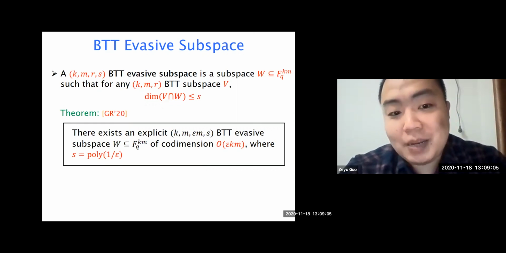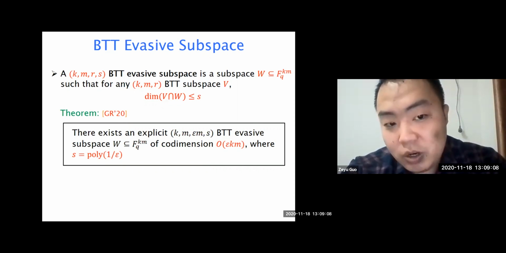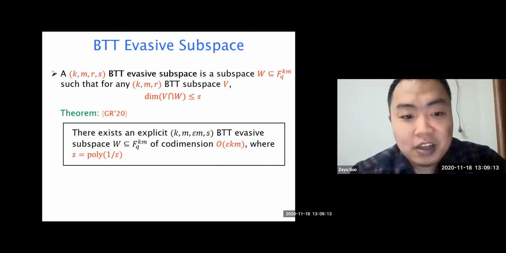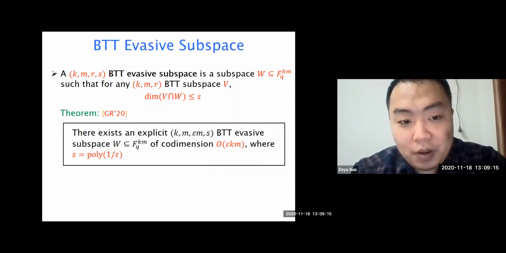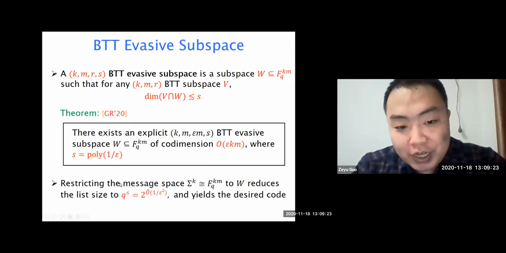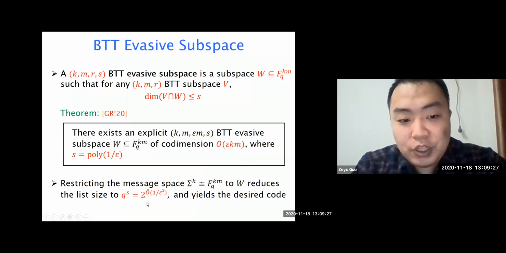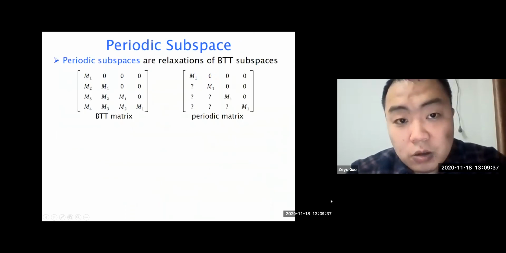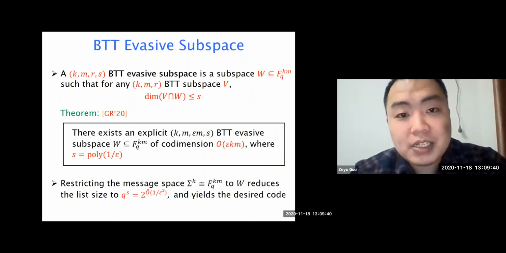So if you restrict to this subspace, because it's dense, it only reduces the rate by epsilon, which is okay. On the other hand, the parameter S is at most poly 1 over epsilon, and it controls the list size. As I explained before, we restrict the message space to this BTT evasive subspace, and then reduce the list size to Q to the S, which is a constant depending only on epsilon. And this is the final code we use. It remains to construct this BTT evasive subspace.